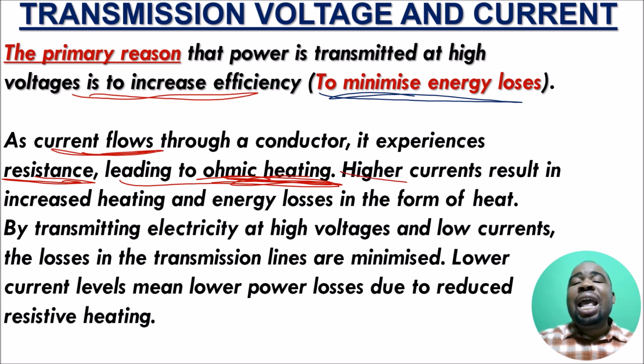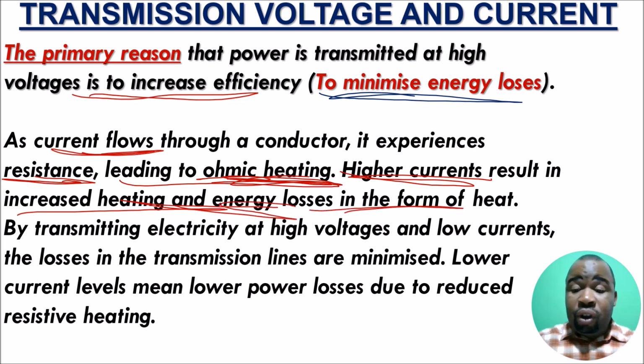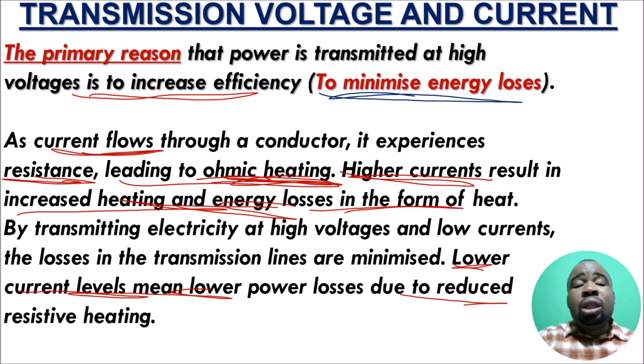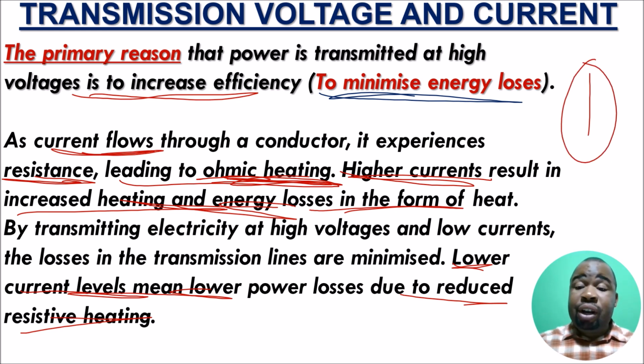So if we've got higher currents, we're going to experience more resistance, which generates more energy, causing more losses of electrical energy. So a lower current will reduce the ohmic heating, reducing the energy losses in form of heat. This is the reason number one, very, very important.